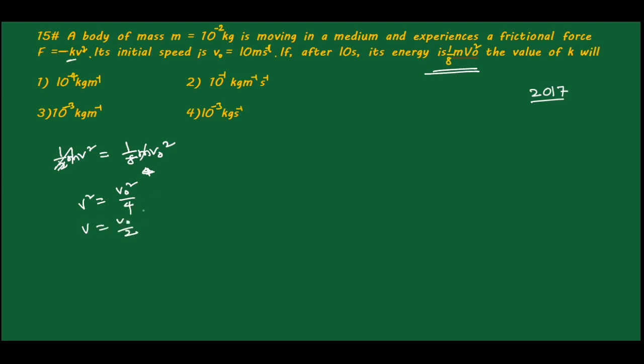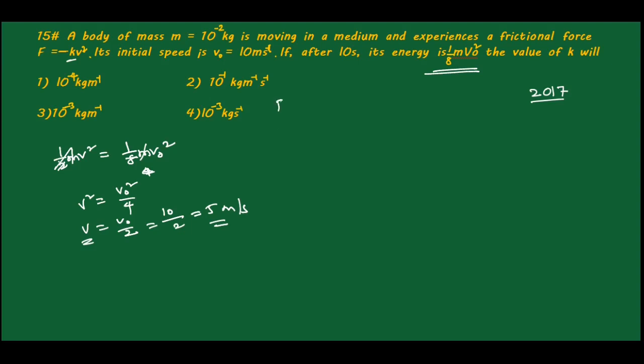Already v naught is given as 10 meter per second, so 10 by 2 is 5 meter per second. This is the final velocity, the v value for the final kinetic energy.